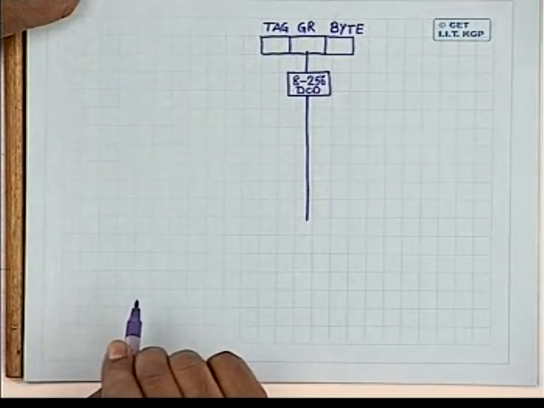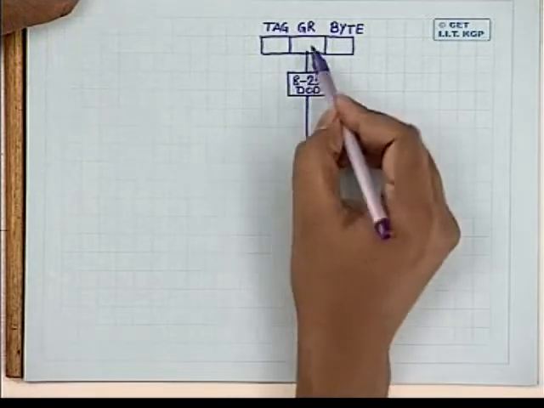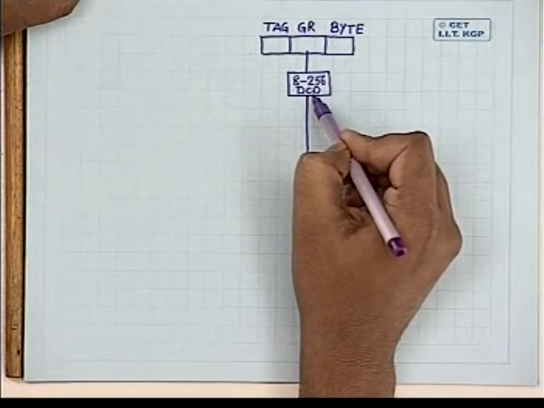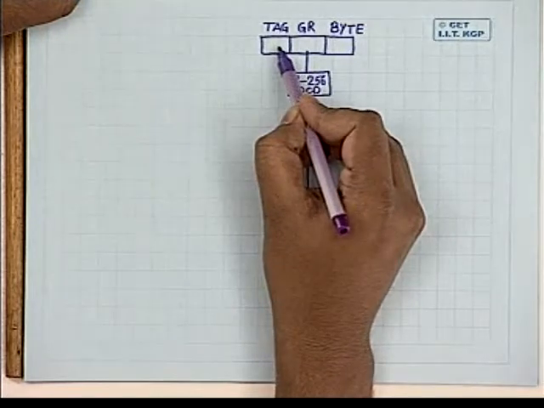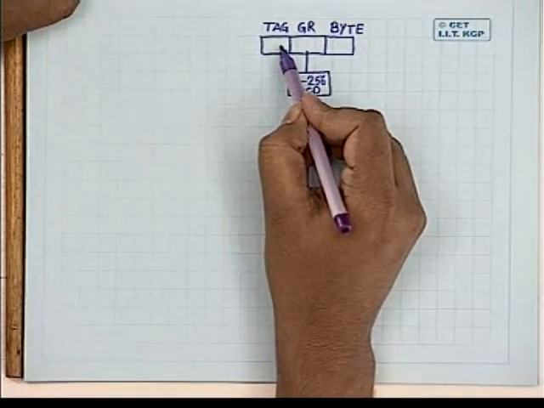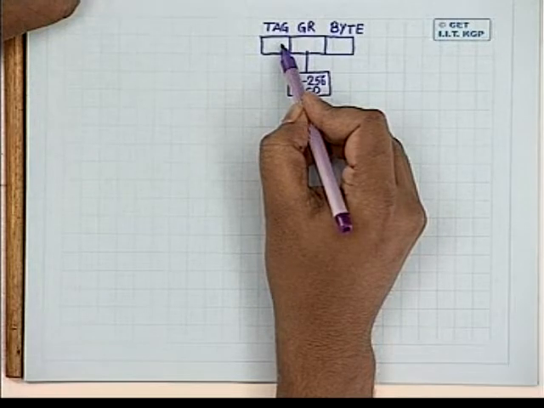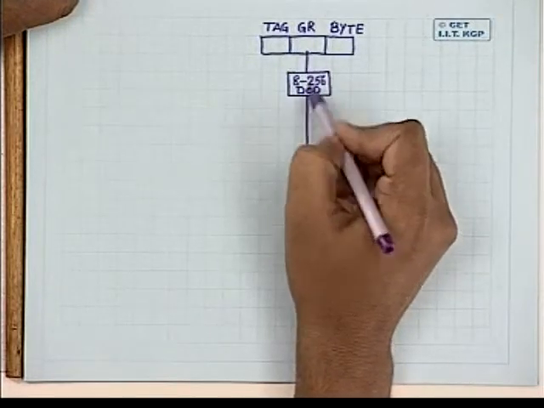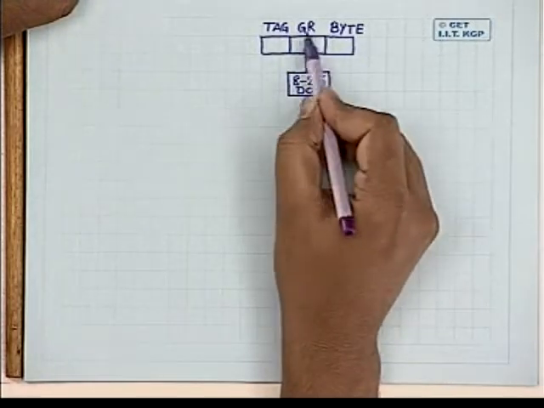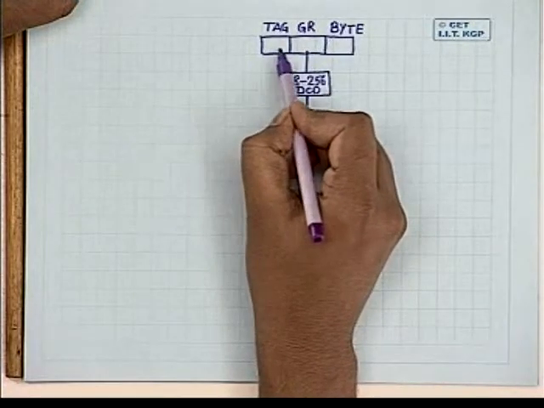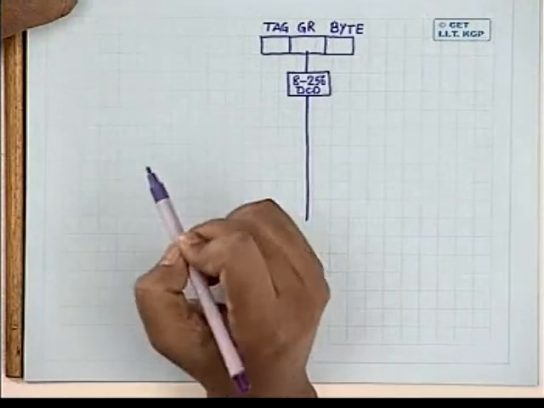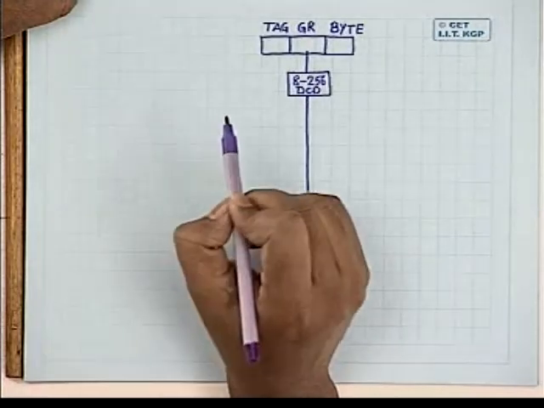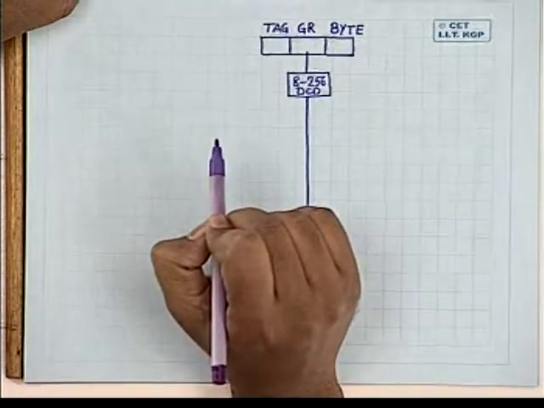Okay. Now what I have to do is check that for that particular group identification whether the tag field matches with any of the tag memory content or not. So for that particular group which is specified in the group field, if the tag field also matches with one of the tag memory contents and the corresponding valid bit is also 1, then only it indicates that the data which is being asked for is present in the cache.